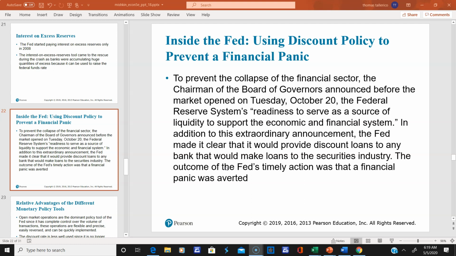And also the 2008 nightmare of the subprime mortgage crisis. So all these panics, basically the Fed is always there as the lender of last resort, and they avert any type of panic from happening.